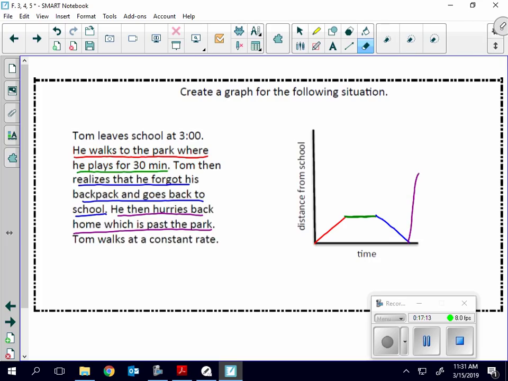Let me make that a little straighter. It's going to be past where the park was. No one's to say how far that line goes as long as it goes above the green line. Okay, that is all for that.